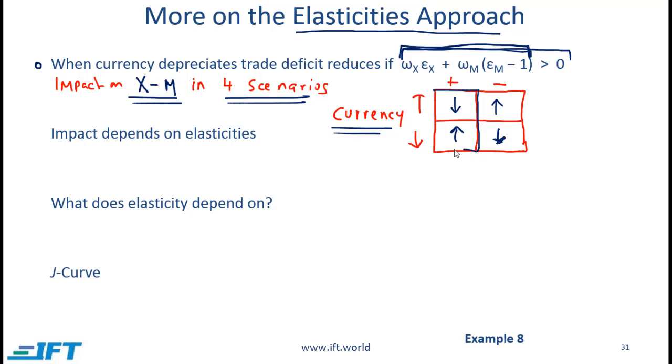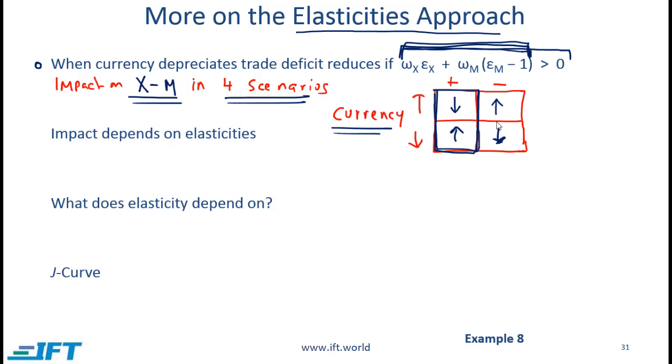These 2 boxes over here represent situations where this expression is positive. So we can say that in these 2 boxes, the Marshall-Lerner condition holds, and in these 2 boxes on the right, the Marshall-Lerner condition does not hold.